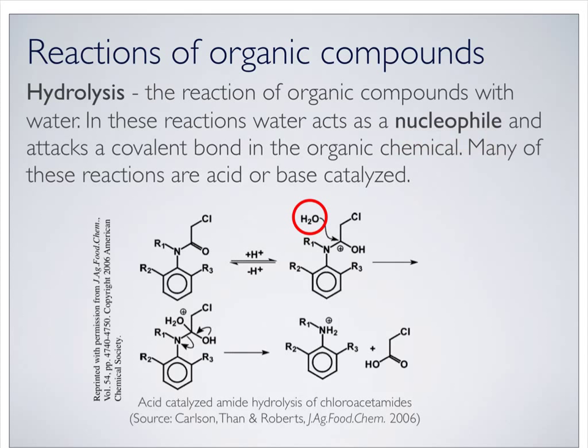But the point here is that we are taking water, and it is attacking a covalent bond, and effectively what happens is it breaks that bond apart, and you end up having a carboxylic acid that's produced, at least in this example, with the acid catalyzed amide hydrolysis of chloroacetamides.